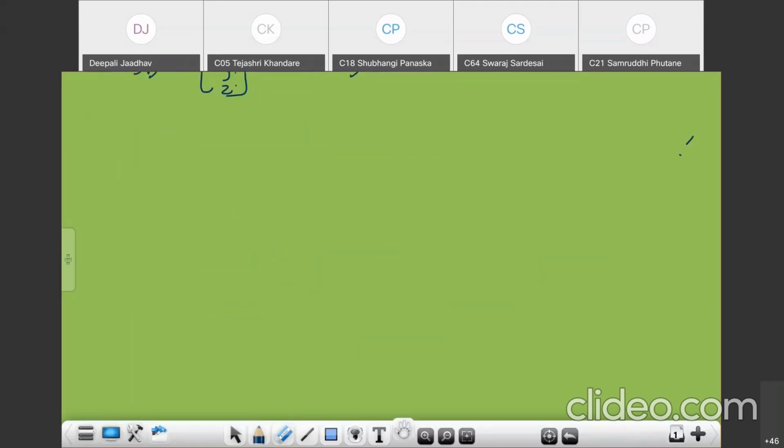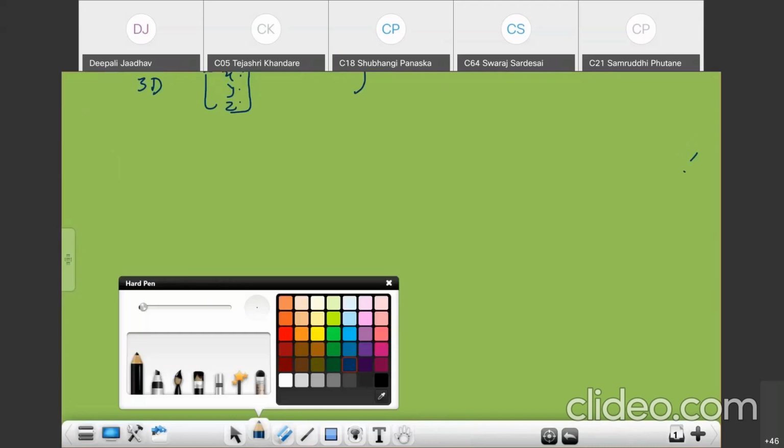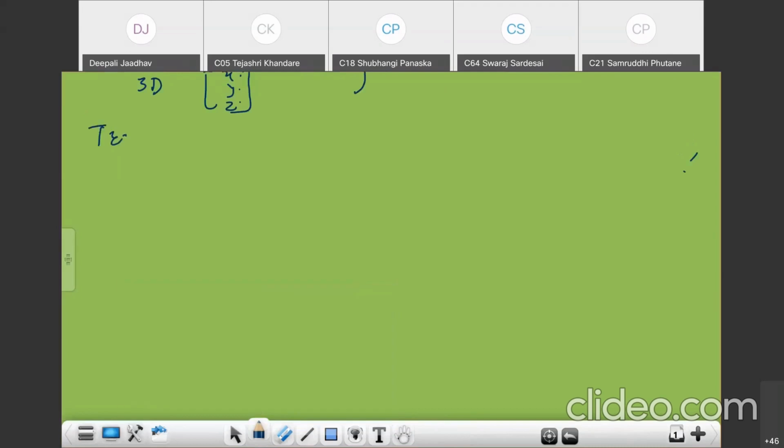Now the next topic, transformation and matrices. So matrices are used here for transformation. Now, for transformation purposes, the matrices are used.